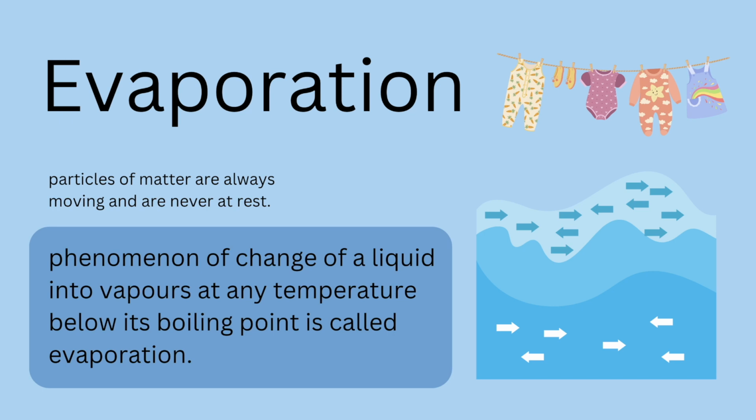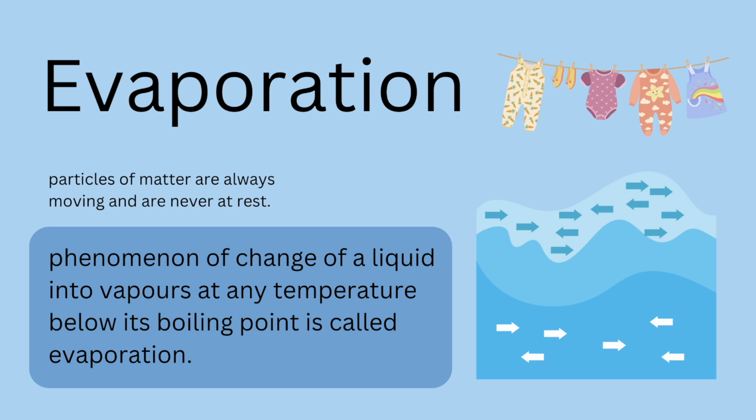Basically what I am trying to tell is that there are some particles that have very high kinetic energy. Okay, so it's easier for them to convert into gas, easier for them to vaporize, convert into vapors. So they can do this below the boiling point.